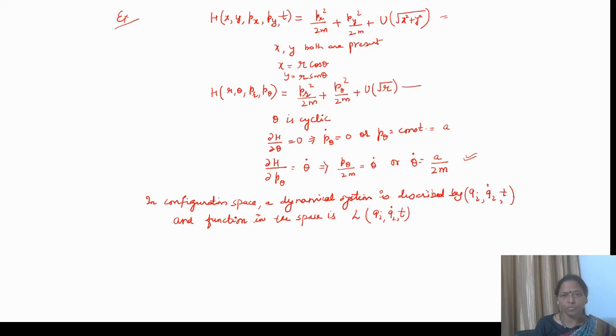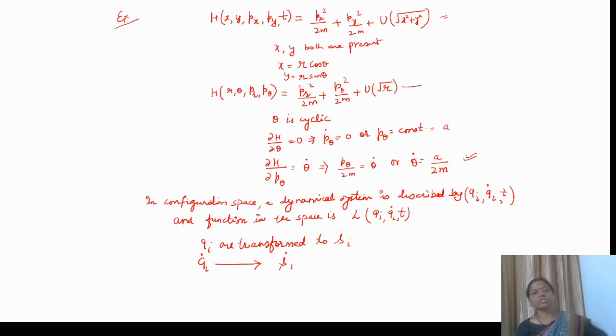Now suppose you have transformed these qi to some new coordinates, under a certain rule. Then naturally your qi is transformed to si, and qi dot will be transformed to si dot, but this transformation is not free. That means si dot is restricted to a certain rule.